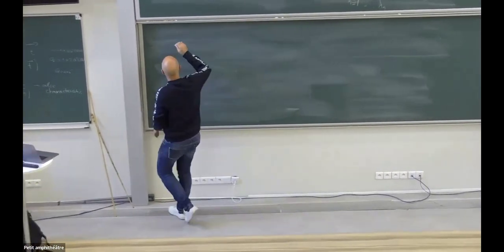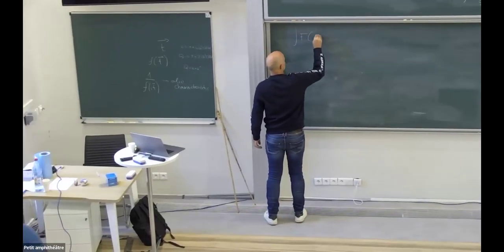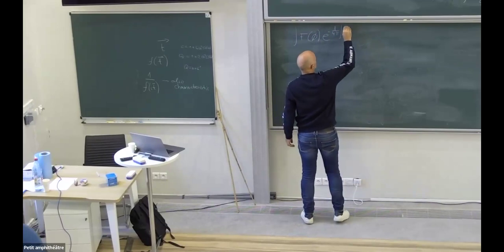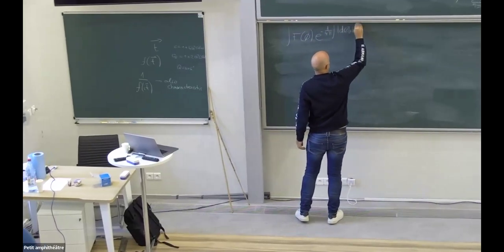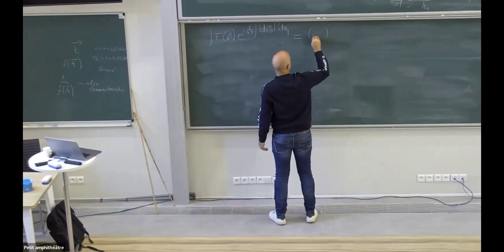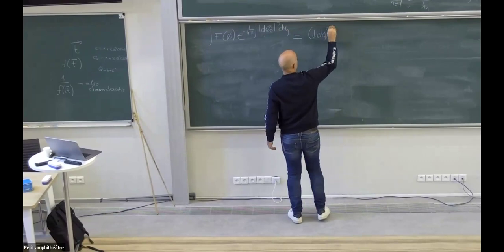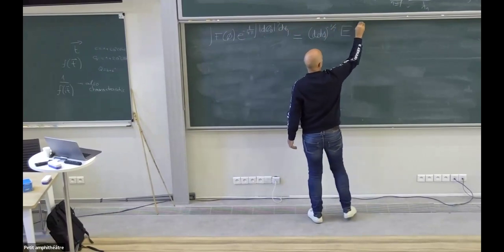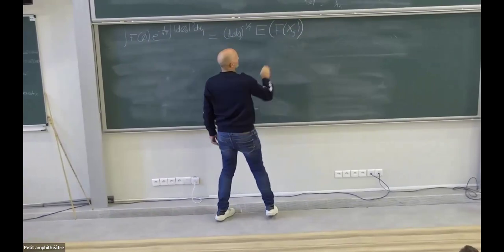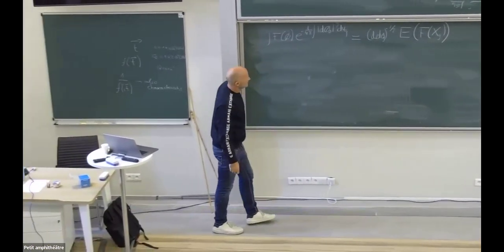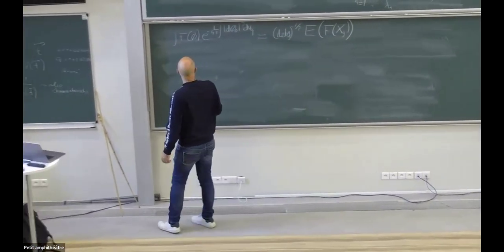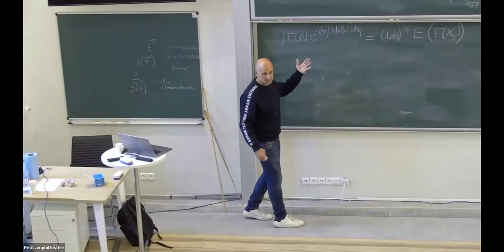But still, the outcome is that this integral is the expectation of f of X_g, and X_g is the GFF. So now it's a Gaussian measure, it's well defined.